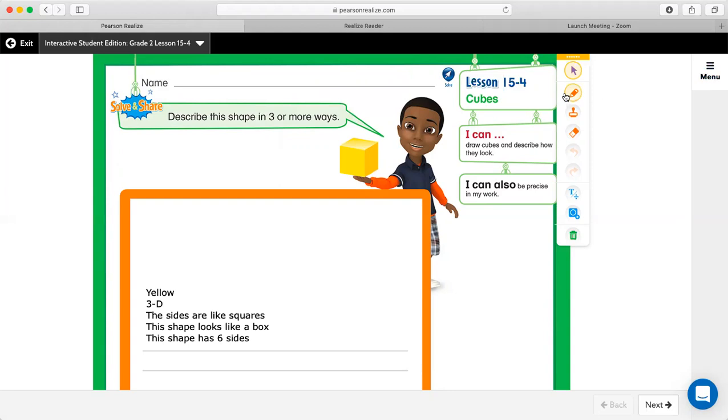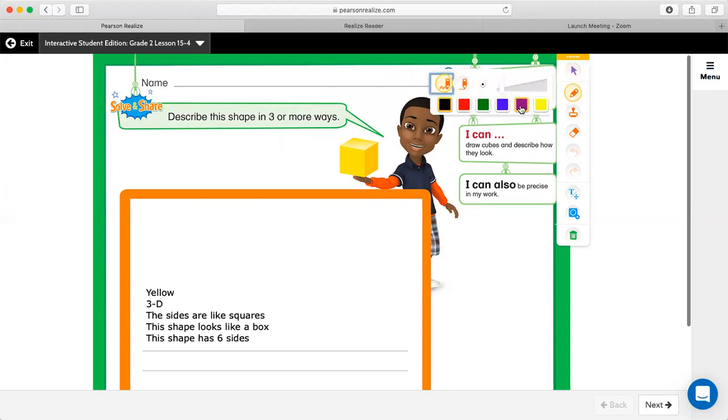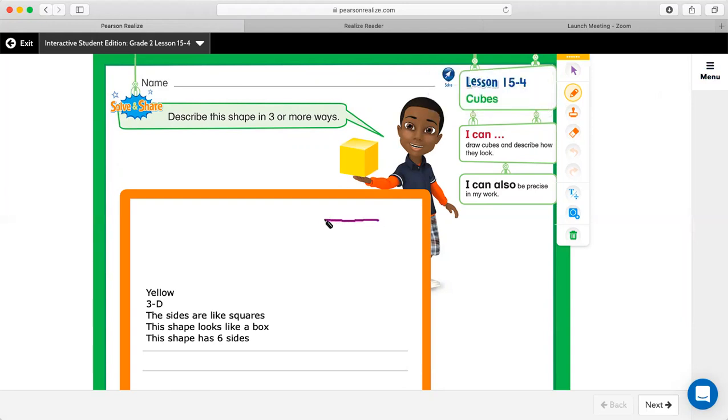Now, I know a fun way to draw a cube. It's not going to be perfect because I'm doing it on a computer, but I'm going to show you how you can draw a cube at home. First, you're going to start by drawing a square. And then draw another square that's kind of overlapping.